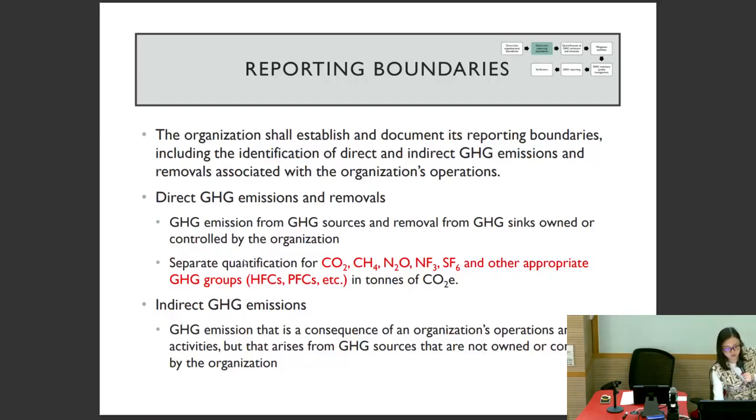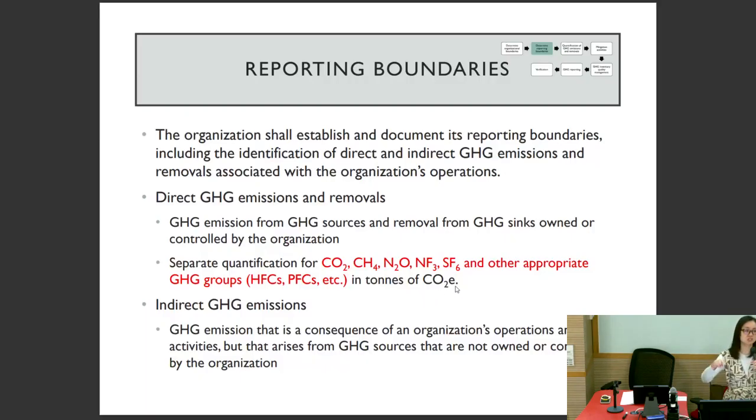So you need separate quantification for carbon dioxide, methane, nitrous oxide, and these other greenhouse gases, and they should be measured. First of all, you may measure or calculate their amount in terms of kg or g or ton. But in the end, you have to use the global warming potential to convert them into carbon dioxide equivalent.